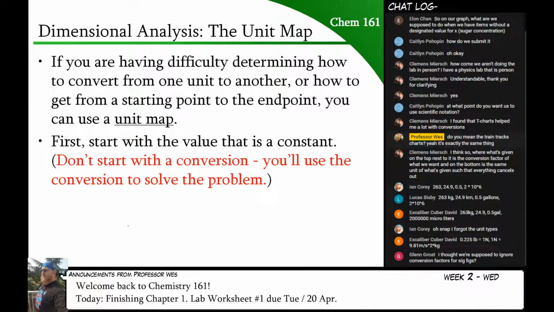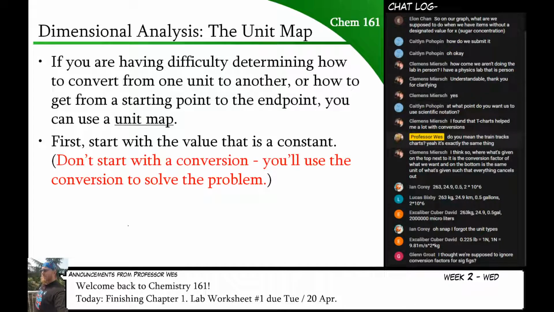So to solve weird problems that have odd or unusual conversions, what you're going to want to do is start with the number that is given to you as a constant. And in almost every problem, you're going to have an obvious number that's just kind of orphaned or by itself. And in that problem, there will be some other relationship that will help you solve it.